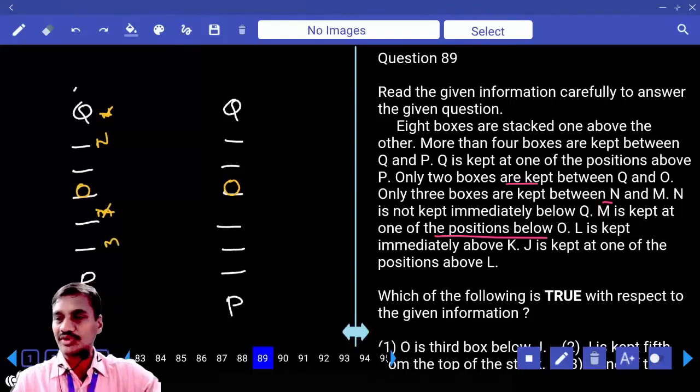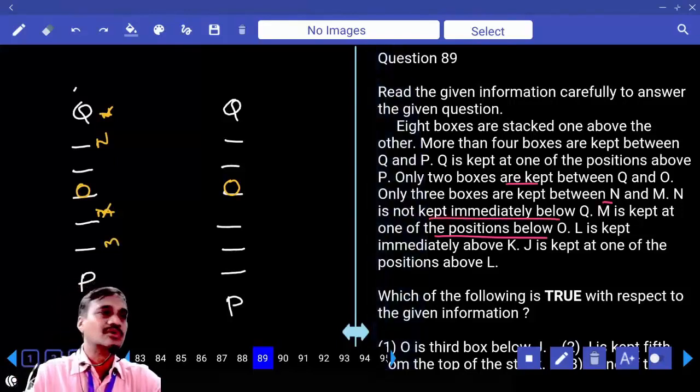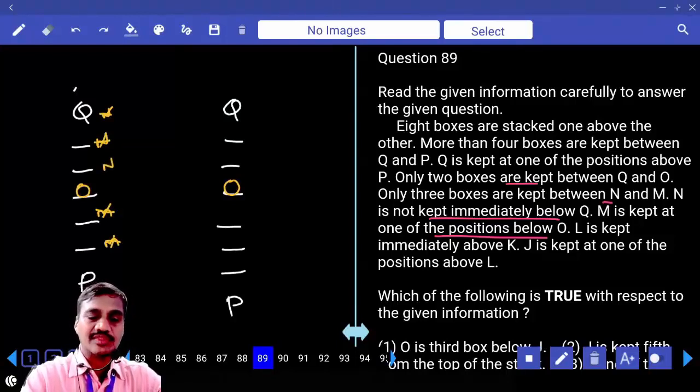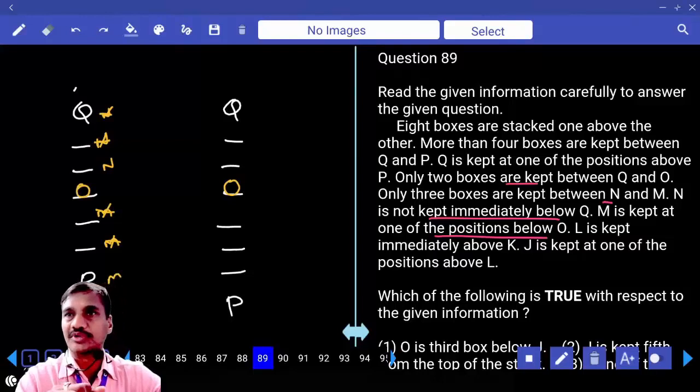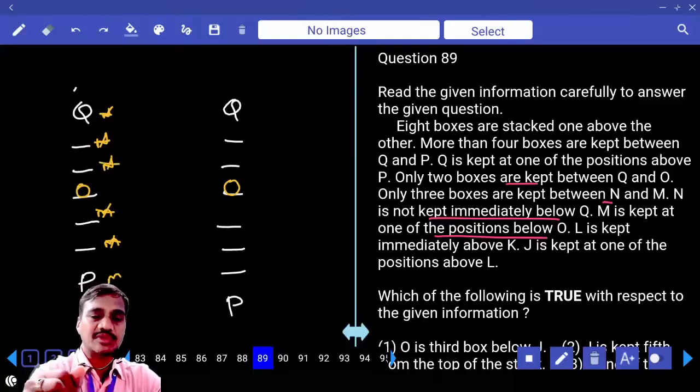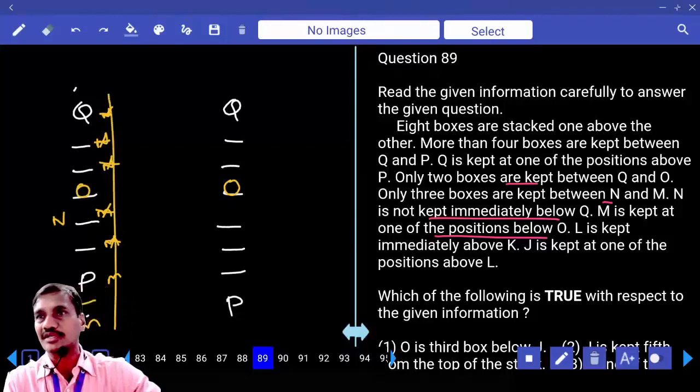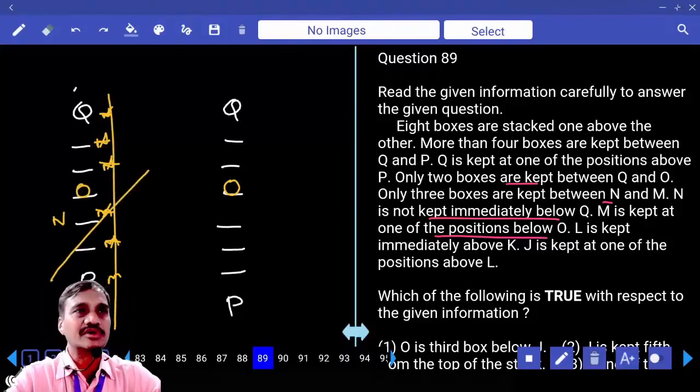But as we have one more information, N is not kept immediately below Q. Hence N cannot be here, which implies that M cannot be here. And N cannot be here as well. If N is here, then P and M must be in the same place, not possible. Hence N cannot be at this place. Then what is the only possibility? If you have N at this place, 1, 2, 3, M is here, then altogether there were 9 boxes rather than 8. And the first case completely got invalid.